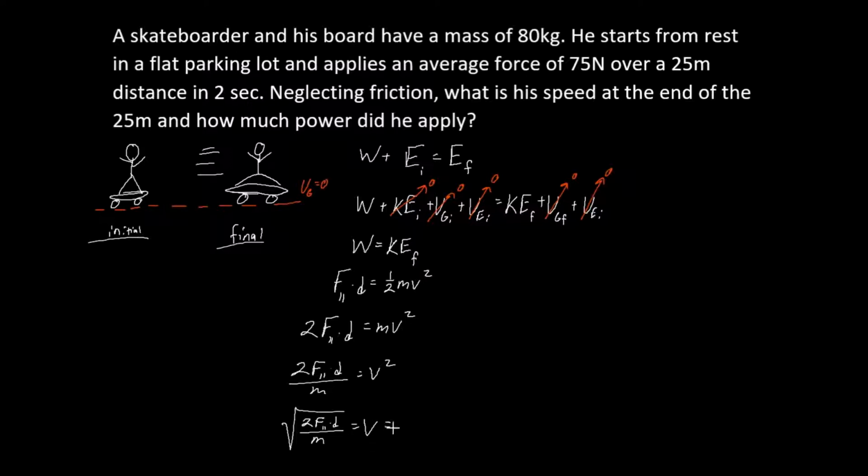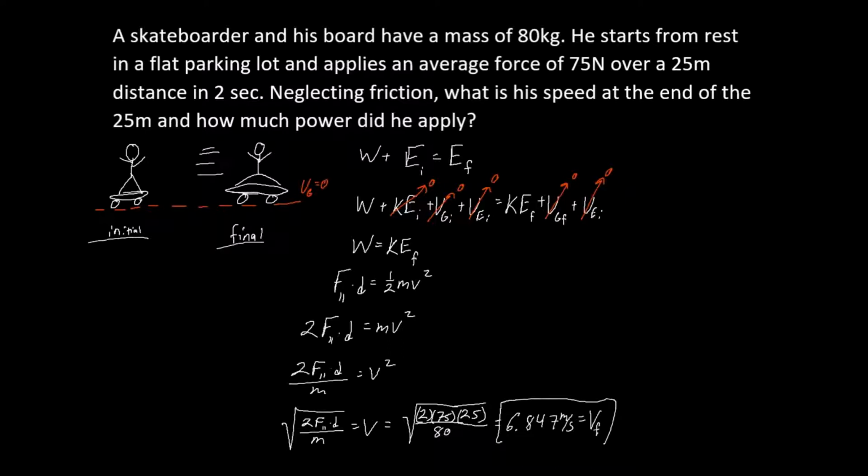Plug in a little bit of numbers, and we'll end up with the square root of 2 times his force applied, 75, times the displacement, which is 25, all over the mass, which is 80 kilograms, which gives us a final velocity of, and be careful with those square roots and parentheses, 6.847 meters per second, and that is my final velocity.